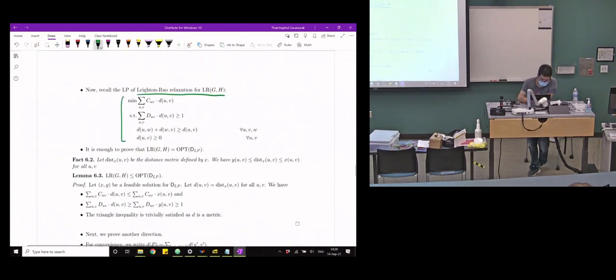I used to write this as equality, but even if I write it as at least, the optimal value must hold with equality anyway, because you can always scale it down so that this holds with equality.